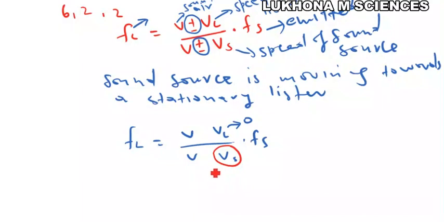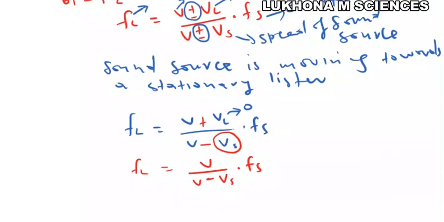Which means we are going to put a negative sign, because moving towards a listener is negative. We can just put plus, but there is no problem, which means we have the formula now, which is V at the bottom, V minus Vs times what? Fs. Hoping that is clear.